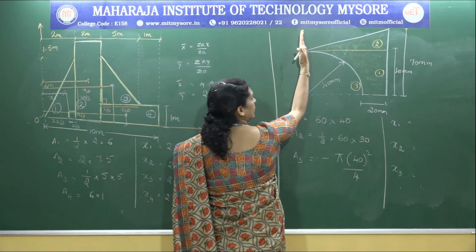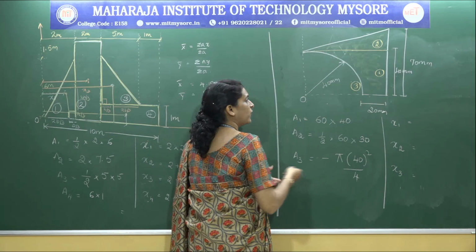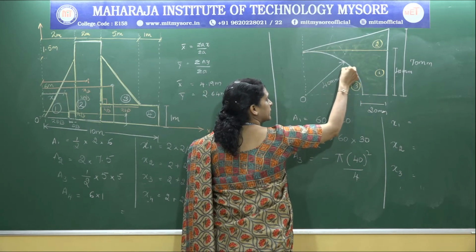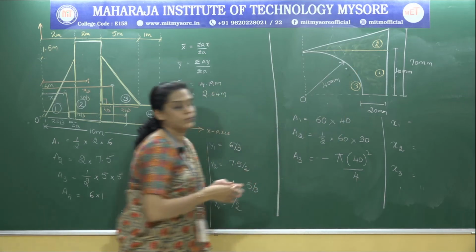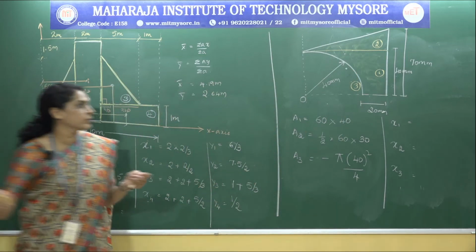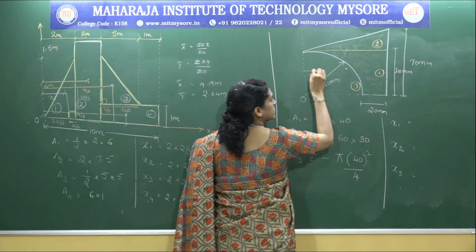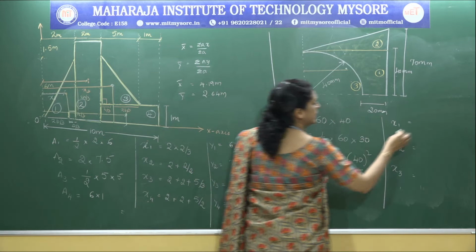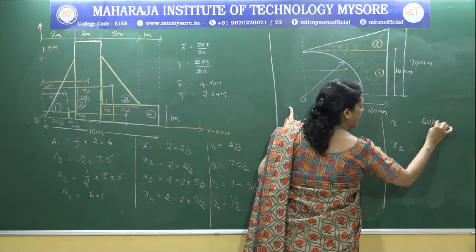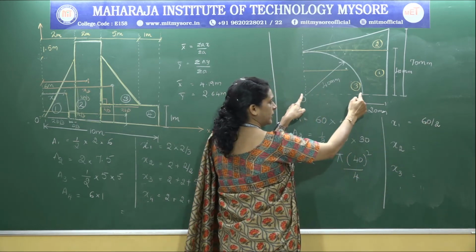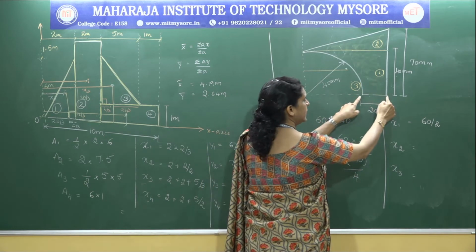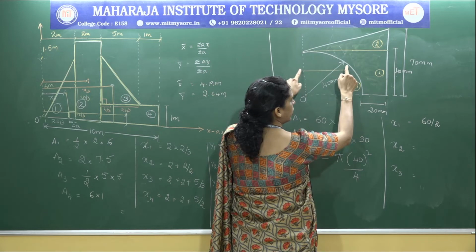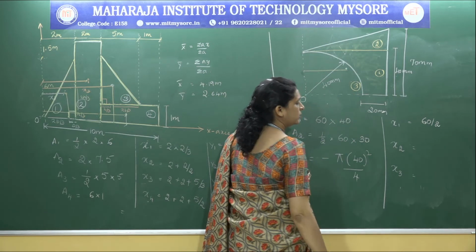So taking this as a reference, as we know the first section is a rectangle, the centroid will be marked here. So now this is x1, means to tell it is 60 by 2, because here it is 40 plus 20. So 60 by 2 is the centroid of a rectangle.